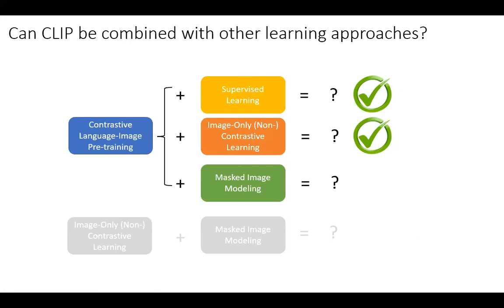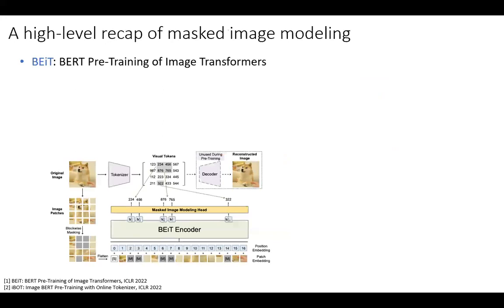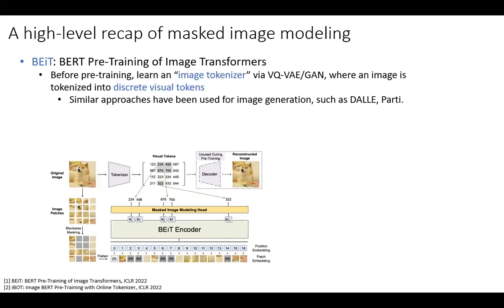Then I'm going to briefly discuss masked image modeling. So I think BEiT is one important work in this field, right? The high-level idea is, can we perform BERT-like pre-training of image transformers, just like what we do in the BERT literature? As you can see from the figure, before the pre-training, we need to learn an image tokenizer, which can be the VQ-VAE or VQGAN, right?